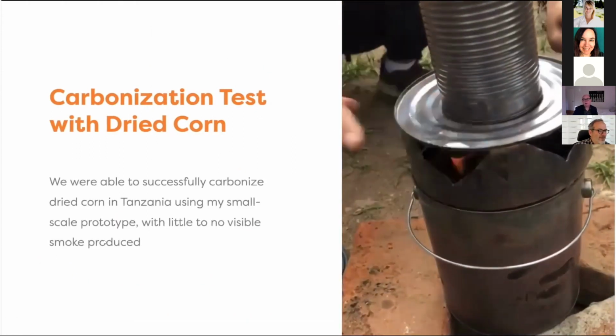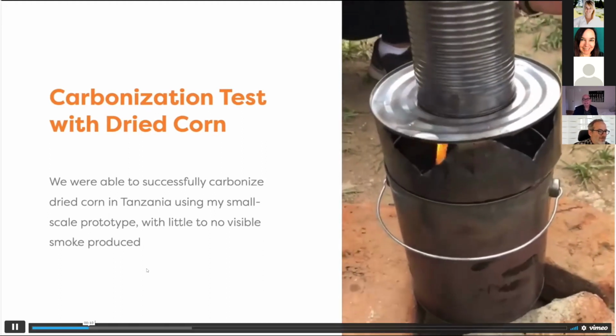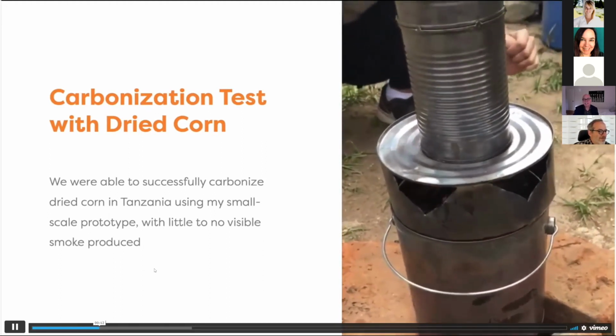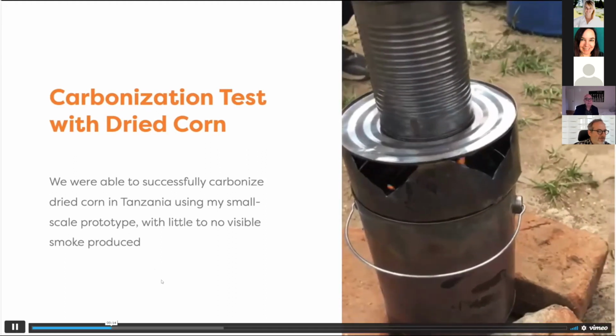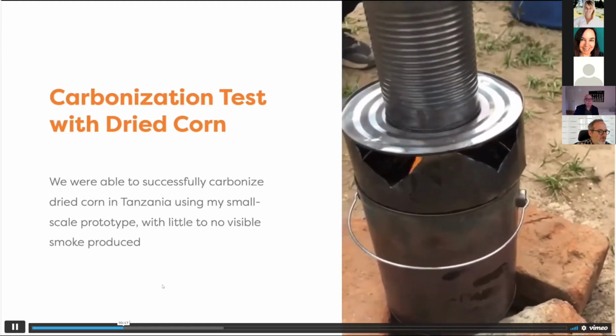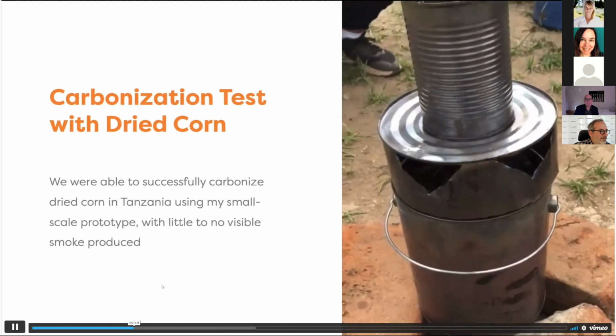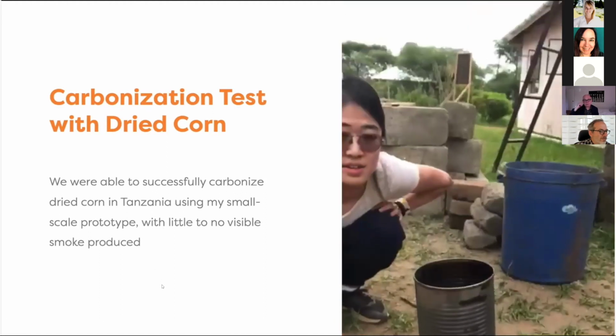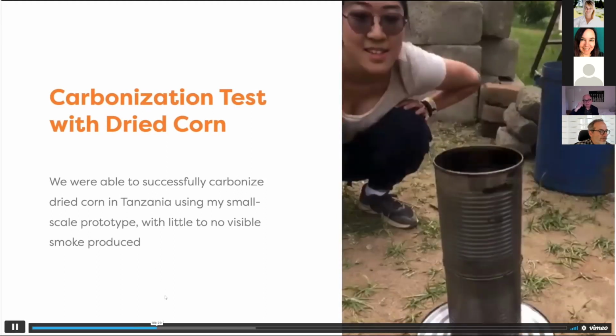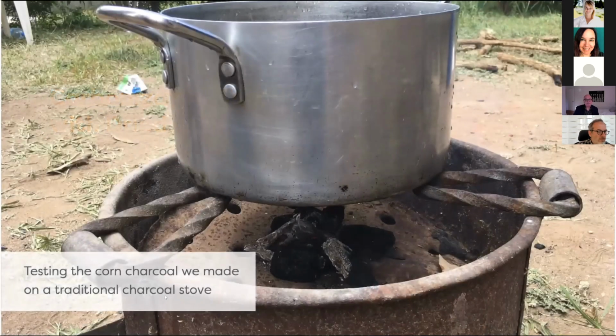This is a prototype that was done in Tanzania. It was just done with paint cans, etc., and soup cans. This is the designer, Stacy Lynn.